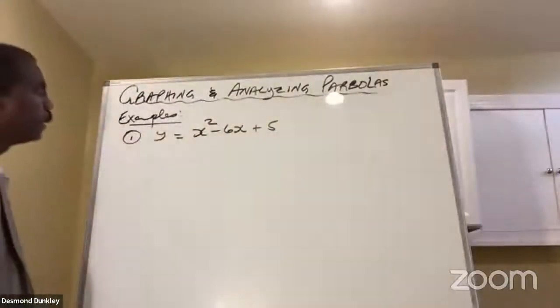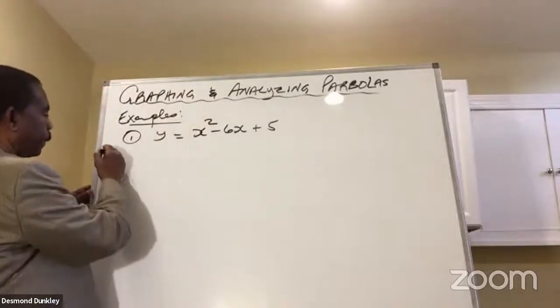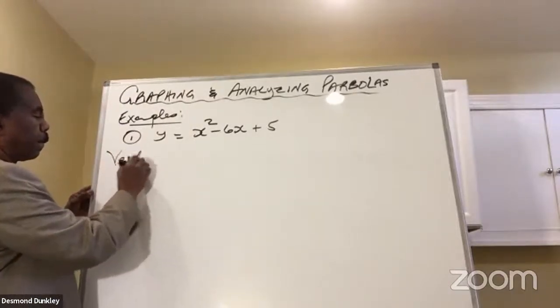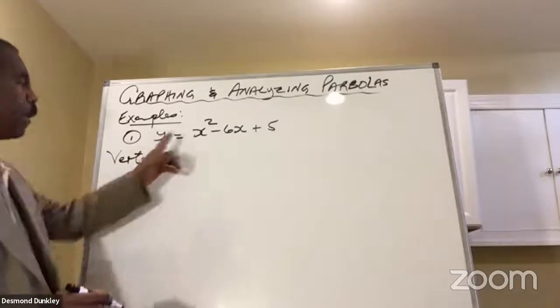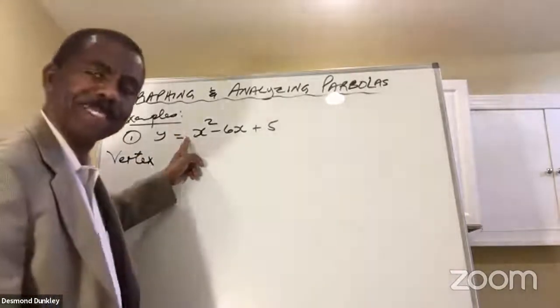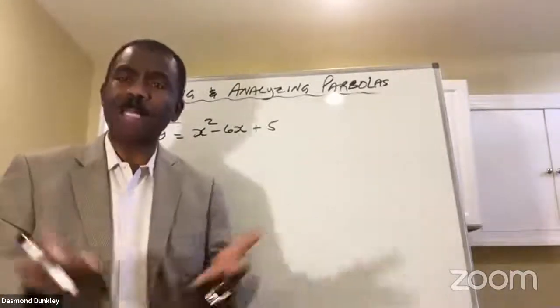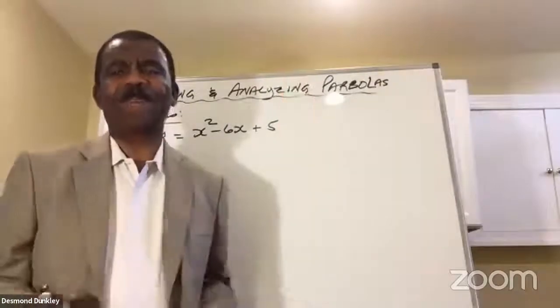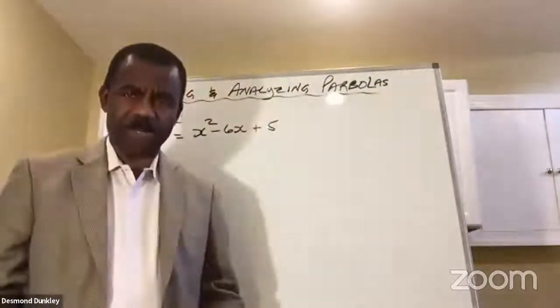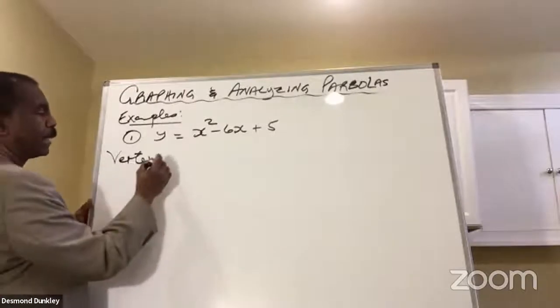Okay, so let's go for the vertex. First of all, we notice that our a is 1 and it's positive. So we know that our graph is going to open up. Positive is up, negative is down. So we know the graph is going to open upwards.